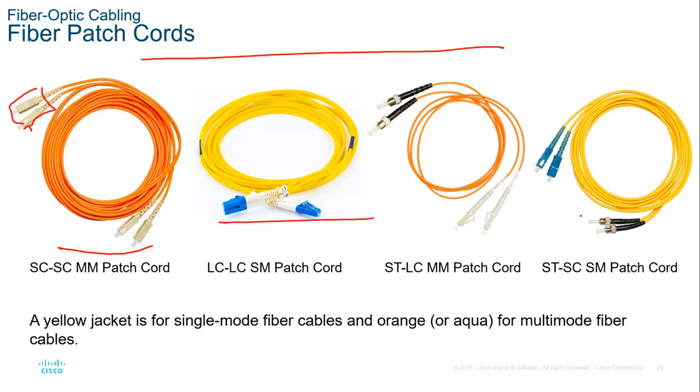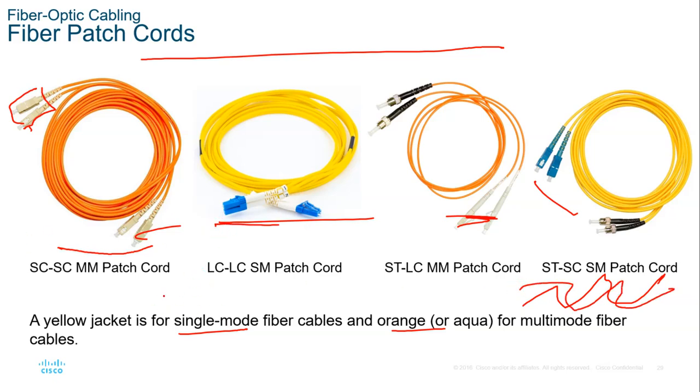The yellow is this and this, for single mode, and the orange is this and this, for multimode fiber. We said multimode accepts multiple waves, multiple LEDs. The single mode, which is the yellow, is just one LED.